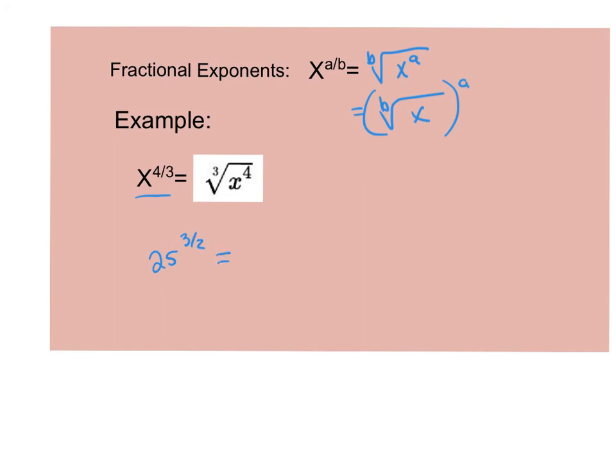That equals the square root of 25 raised to the 3rd power. Well, the square root of 25 is just going to be 5. So that's 5 to the 3rd power, which is 125. So these you can actually get an answer for if it is a number. You can also use your calculator if it's a number just by simply entering in the fraction as the exponent.